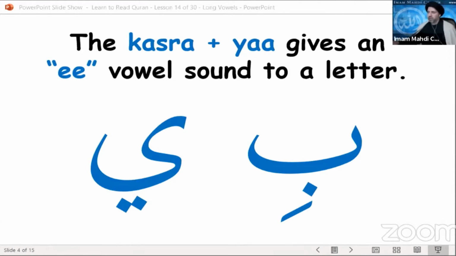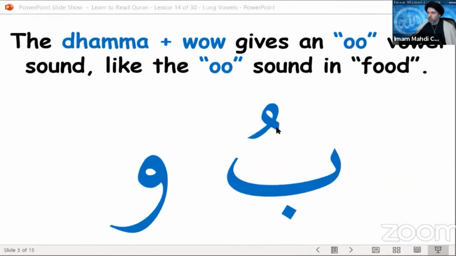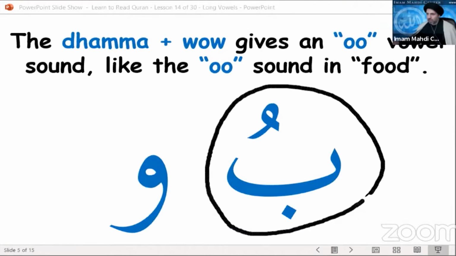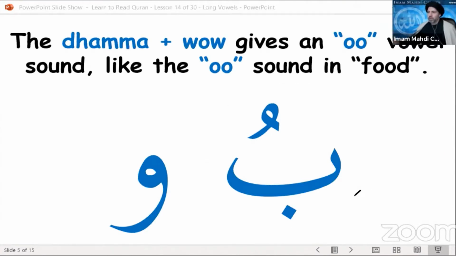Next we have the letter ba with a dhamma. So the letter ba with the dhamma by itself is read as bu, short vowel. Now when we have a letter that has dhamma and a waw directly after it, how do we pronounce this?